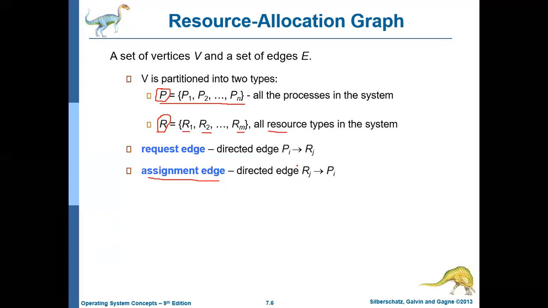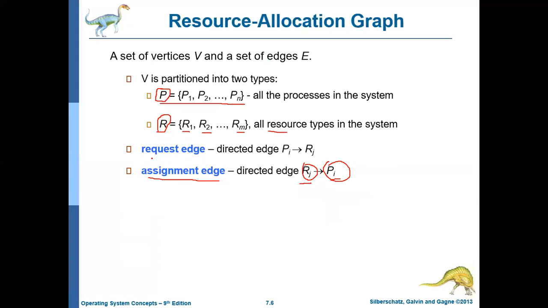If a resource Rj is already allotted to the process Pi, then there will be an edge from Rj to Pi, and that edge is called an assignment edge. It means this resource is already allocated to the process. In this case, the arrow will be from Rj to Pi, pointing to Pi. So this is called the assignment edge.